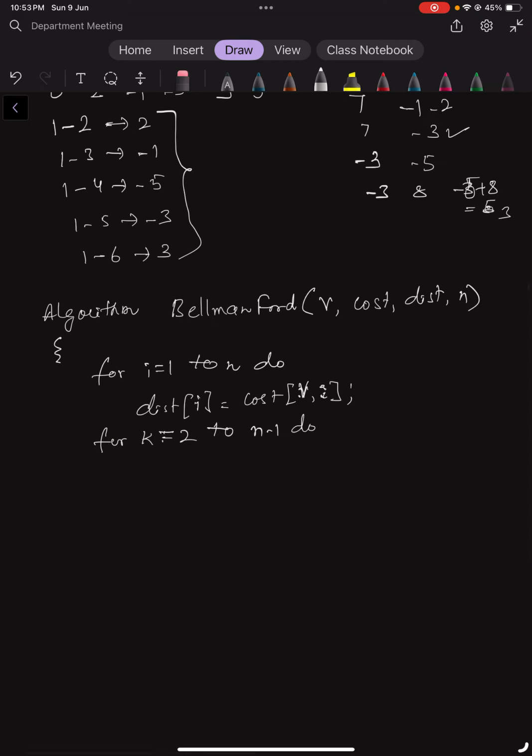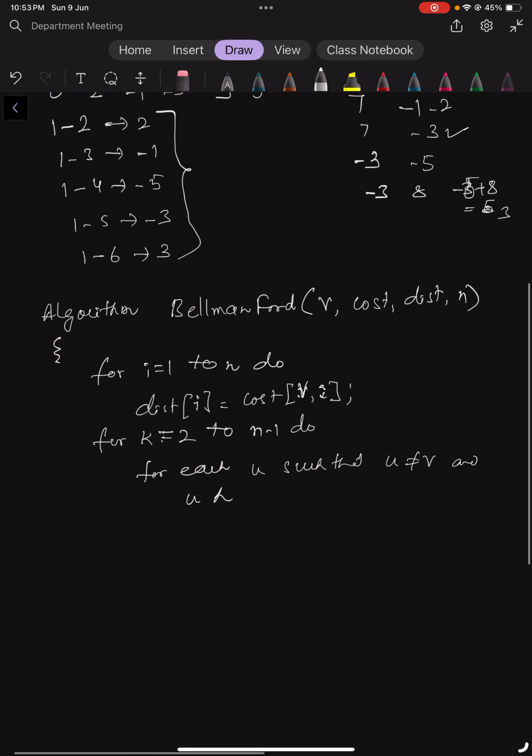So here, for each u such that u is not equal to v, and u has at least one incoming edge, do.